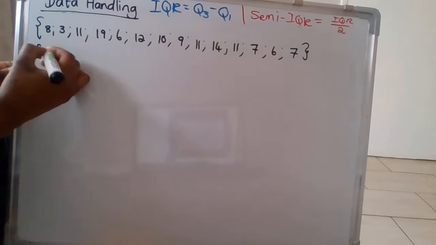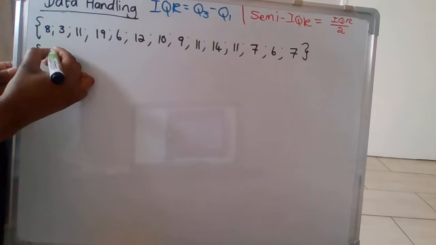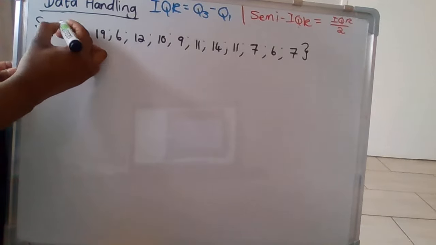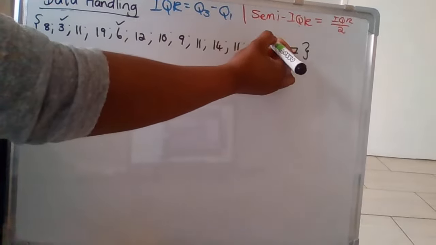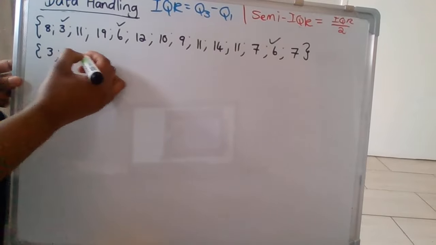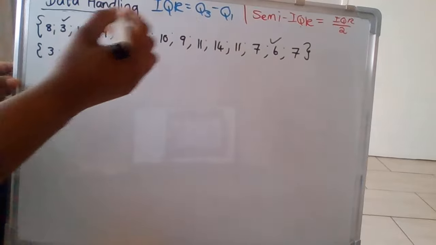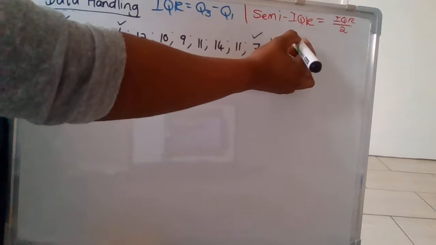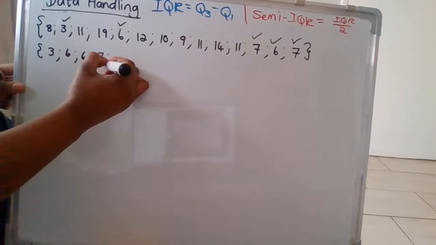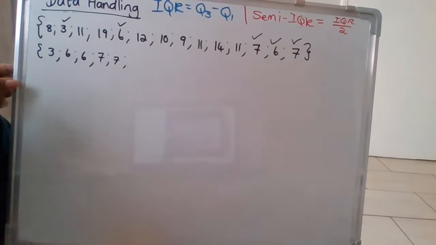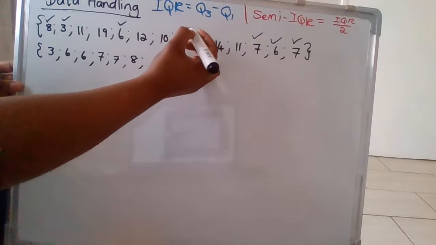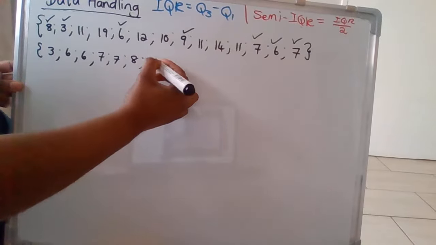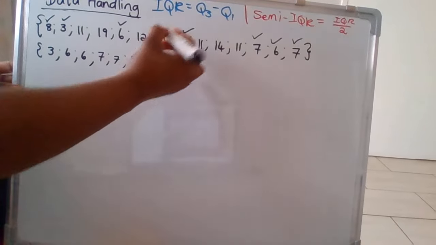So we're starting off then with 3, it's the lowest, and it's followed by 2 6s. So we have a 6 and a 6, and it's followed by 2 7s. So 7 and 7, and this is followed by 1 8 and 1 9. Okay, do you have a 10?